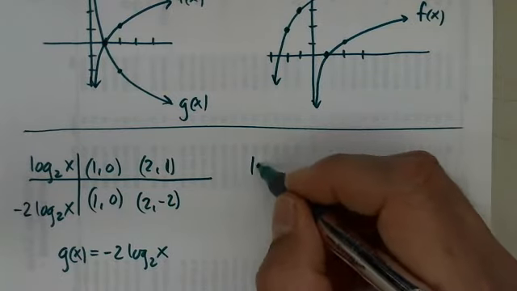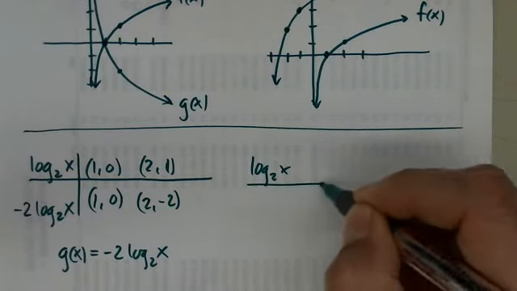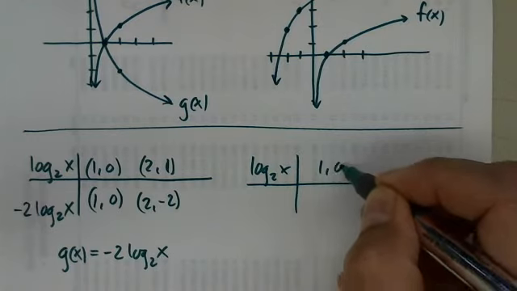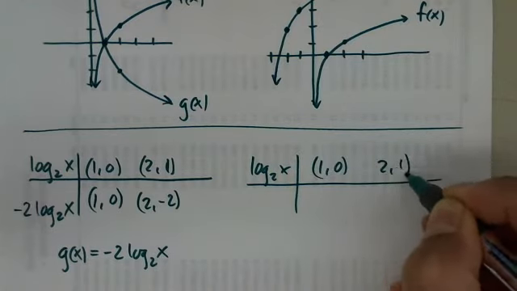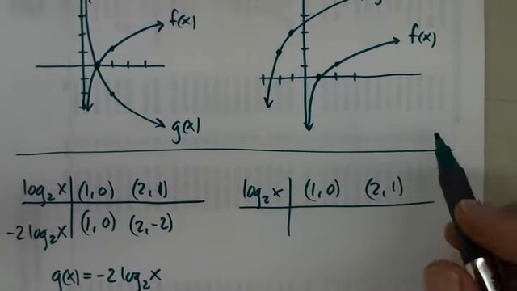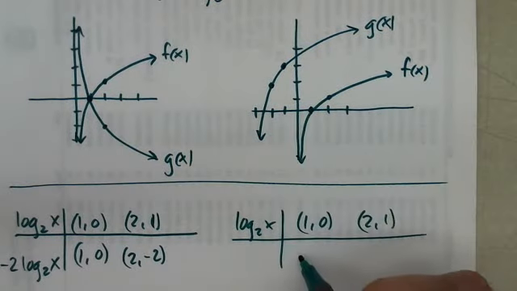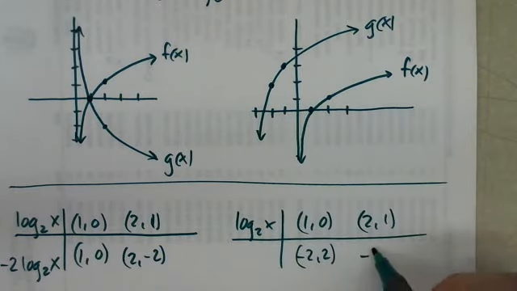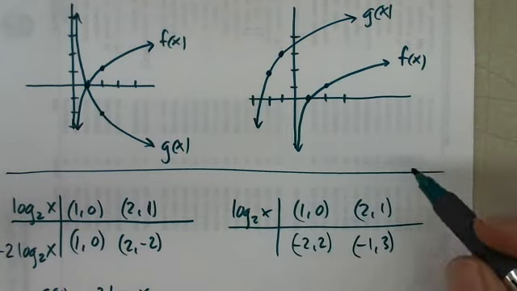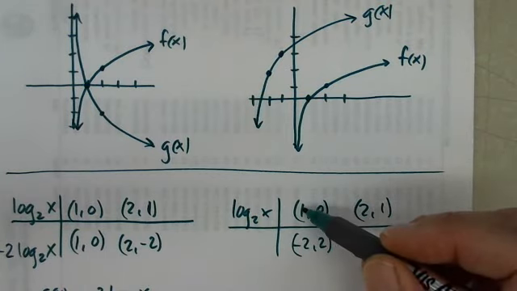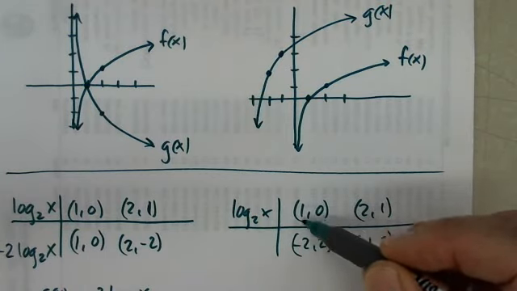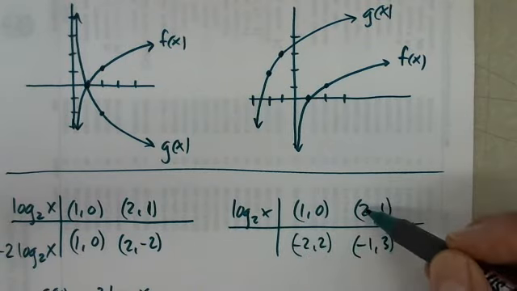Okay. And we have to write down the points of g. So that's -2, 2 and -1, 3. And what happened here? We may have done a -3 and -3.